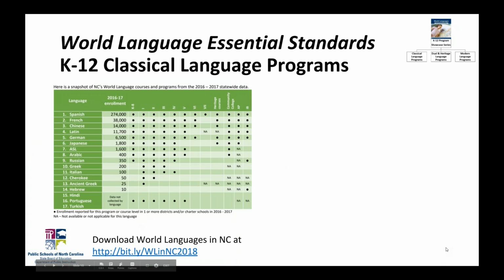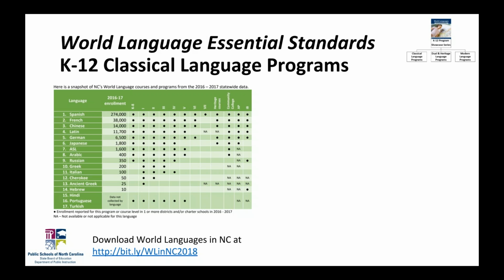So let's talk a little bit about where we are with K-12 classical language programs. What you see here is a screenshot showing our statewide enrollment in all of our languages. This has our most recently public release data from 2016-17, and you see there that Latin has statewide approximately 11,700 students enrolled.